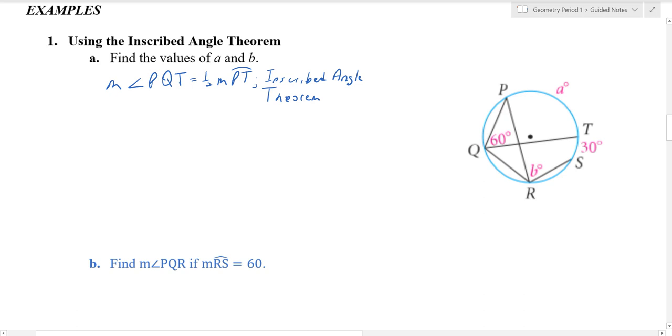We can substitute now, because we know that the angle PQT over here is 60. So we can say 60 equals 1/2 A, and that is by substitution.